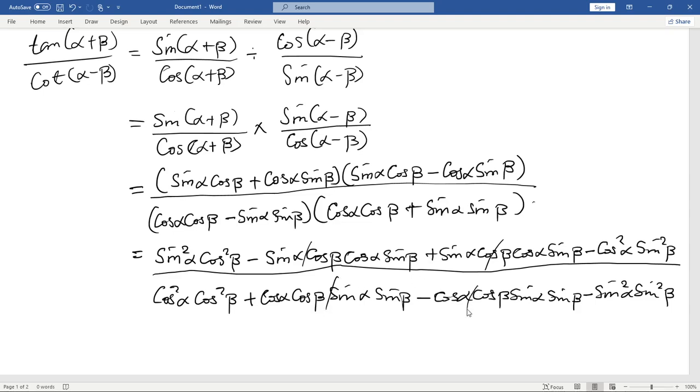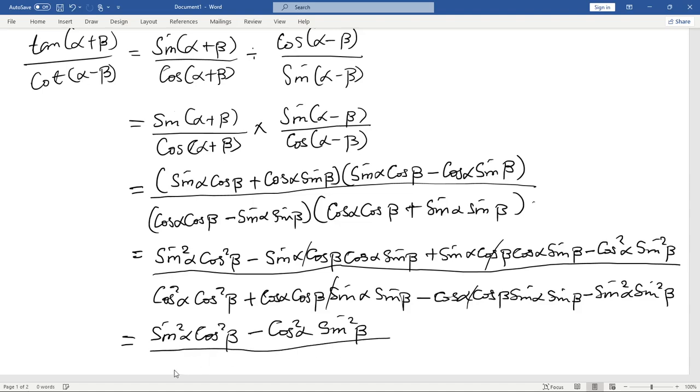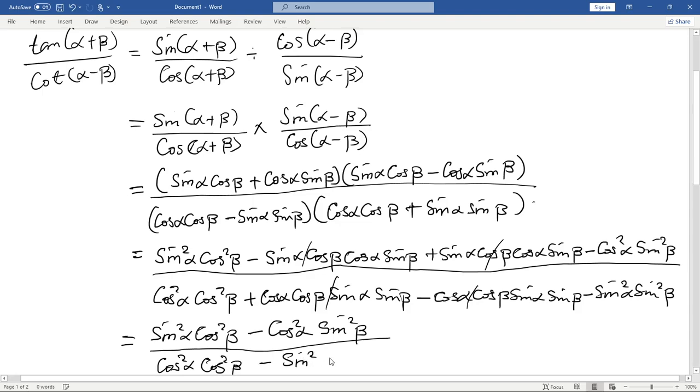So this term and that term are going to cancel, meaning that we are left with sin squared alpha cos squared beta here minus cos squared alpha sin squared beta here divided by cos squared alpha cos squared beta minus sin squared alpha and sin squared beta, like this.